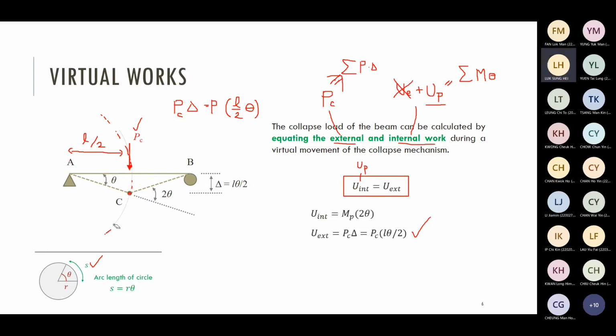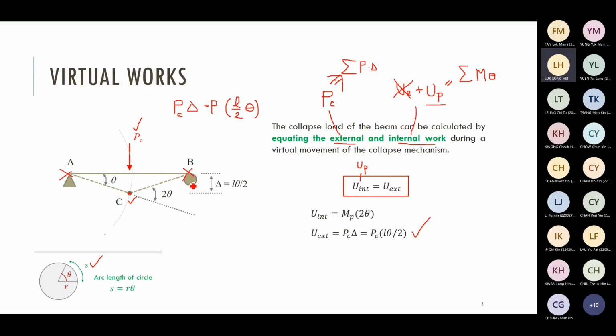So right now we know the external work. Then what about the internal work? For internal work, we just need to consider the work done due to the plastic hinge. For a simply supported beam, we have only one plastic hinge, at point C. Please note that point A and point B are not plastic hinges.